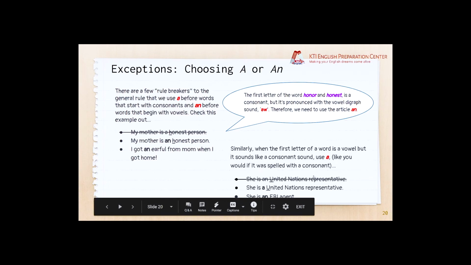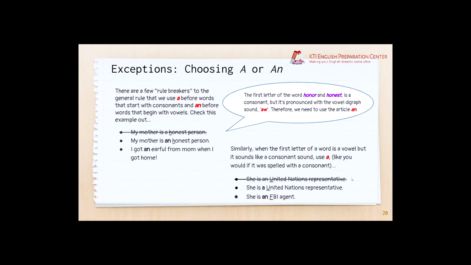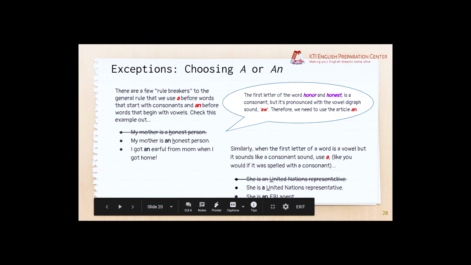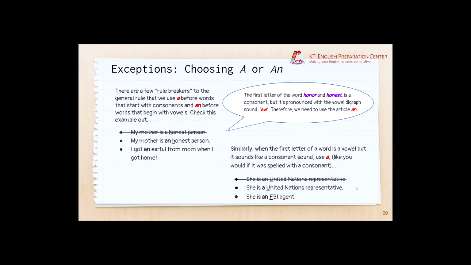Also close to this is when the first letter of the word is a vowel, but it sounds like a consonant, we have to use a. Remember, a goes before words that have consonant sounds, just like if you had spelled it with a consonant. So in this example, "She is an United Nations representative" is incorrect.